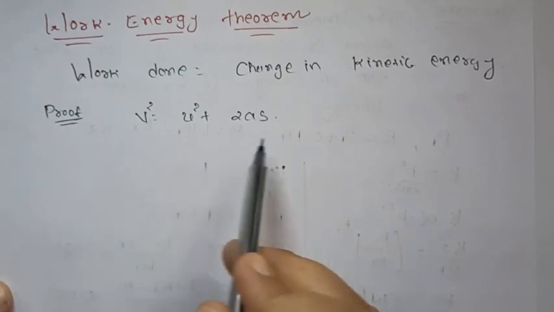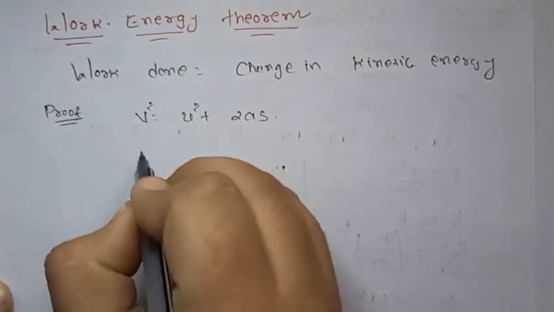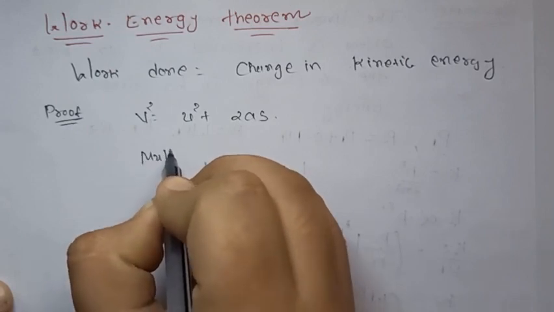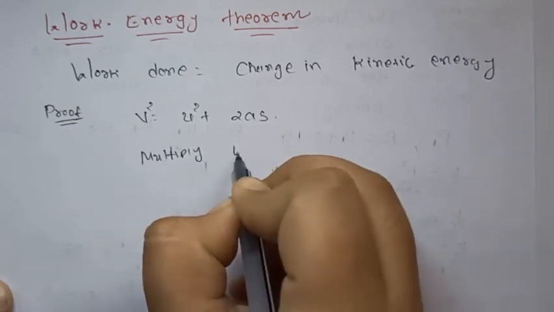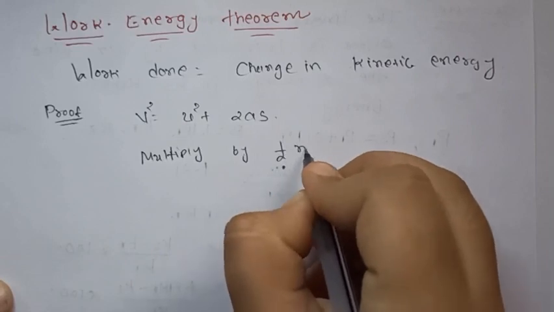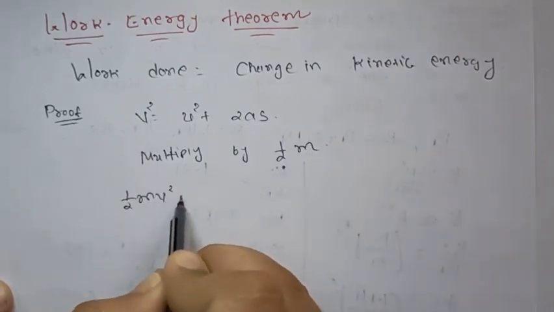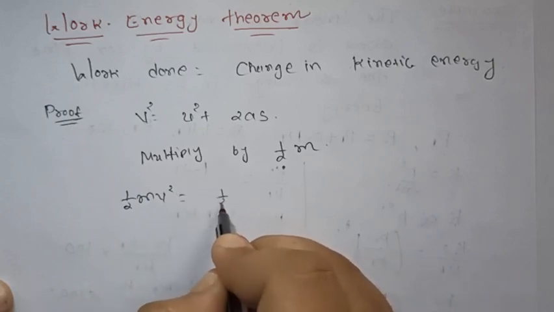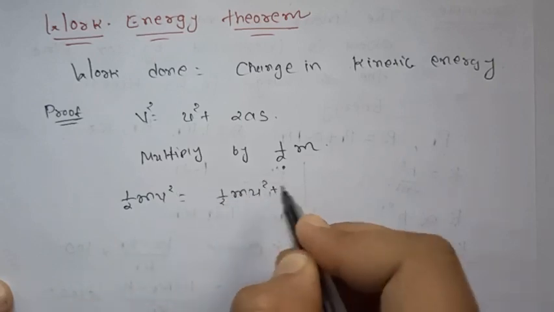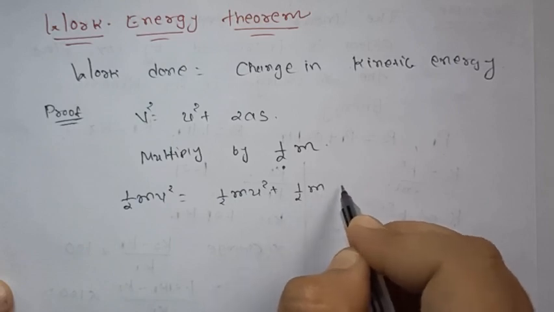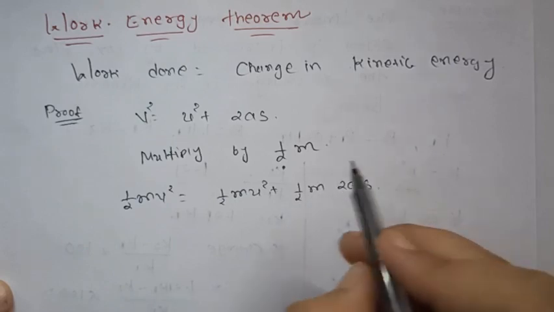Now multiply both sides by half m. So this will be half m v square is equal to half m u square plus half m into 2as.